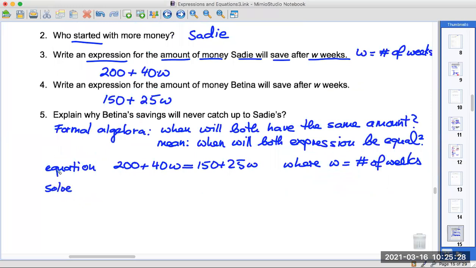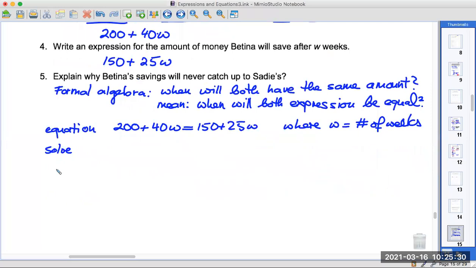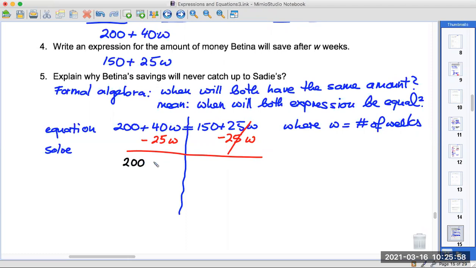And we practiced in class solving equations. So let's see, we start with a line. I see people doing that. That's a great start. Let's look at the W. I'm going to subtract 25W. That's my choice, how I'm starting. $200. 40 minus 25 is 15W.